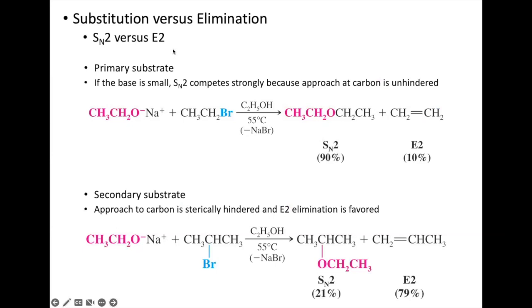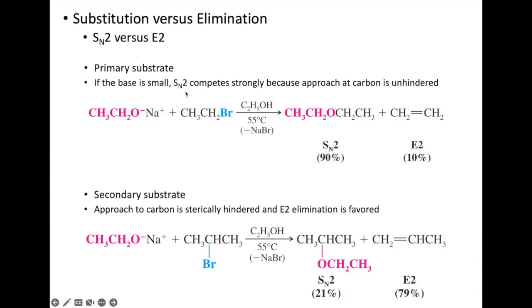Now, when will it favor elimination reactions, and when will it favor substitution reactions? So let's look at SN2 versus E2. If you have a primary substrate, no? So if the base is small, then SN2 competes strongly versus your E2.